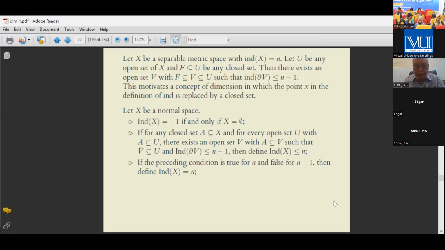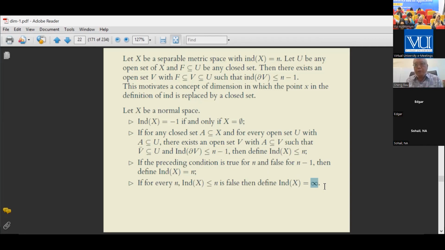And very similar. Of course, this is again ambiguous, this symbol, because we are encountering dimensions which are integers, at least as big as -1.